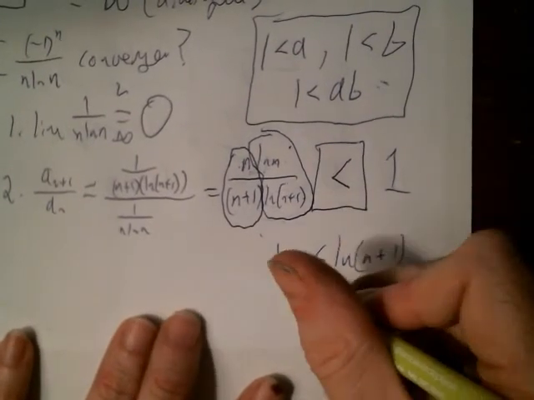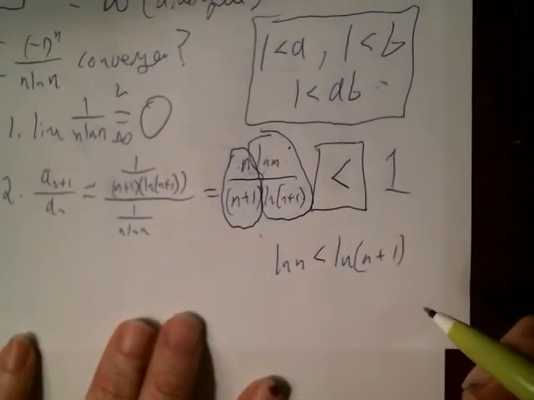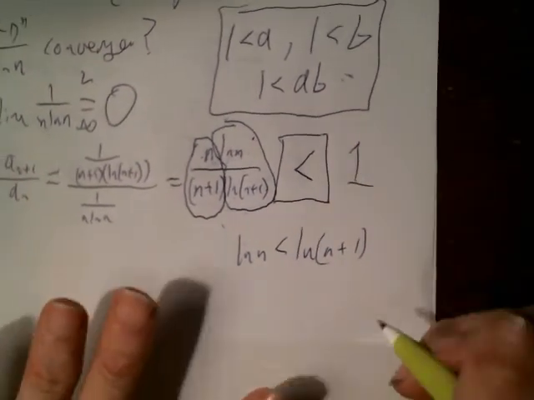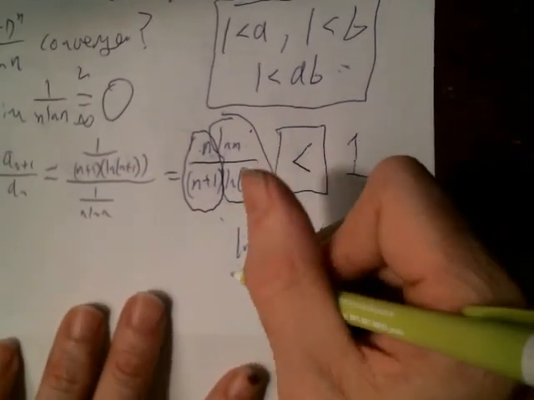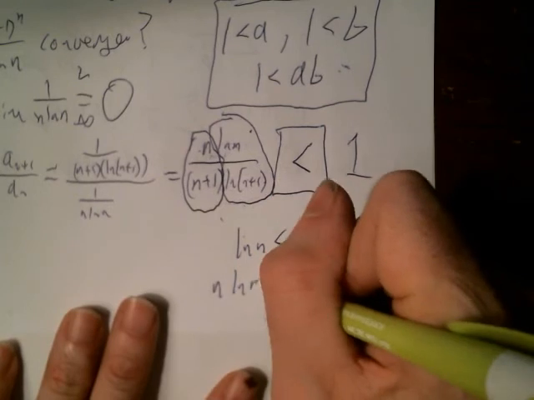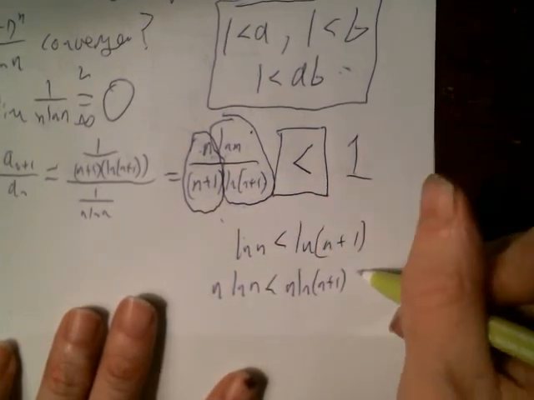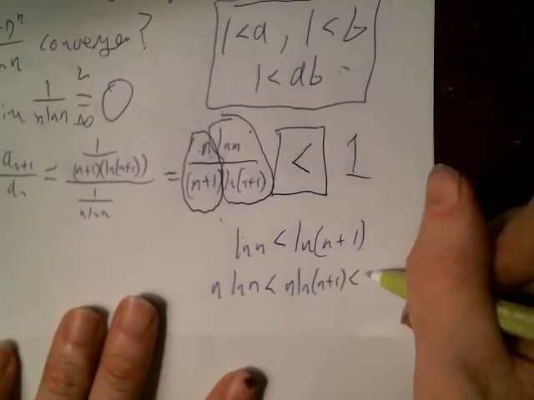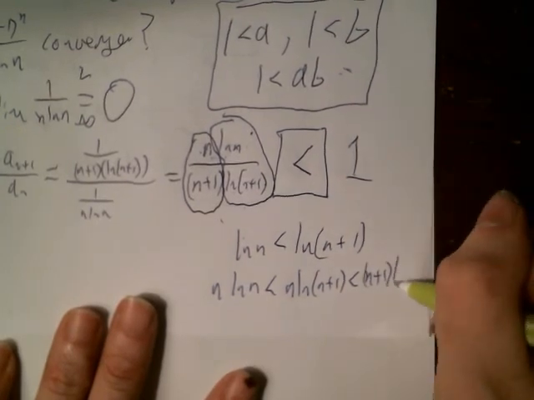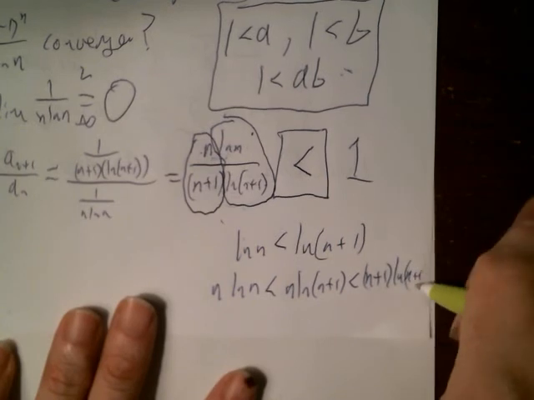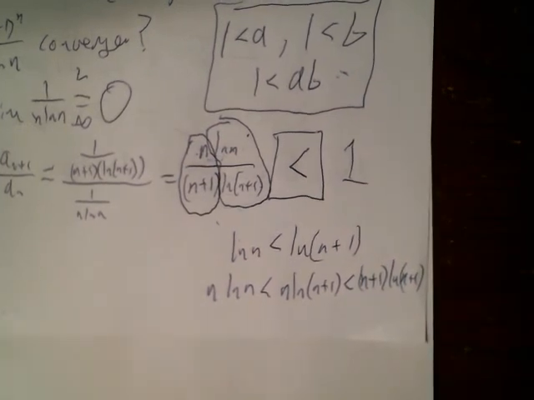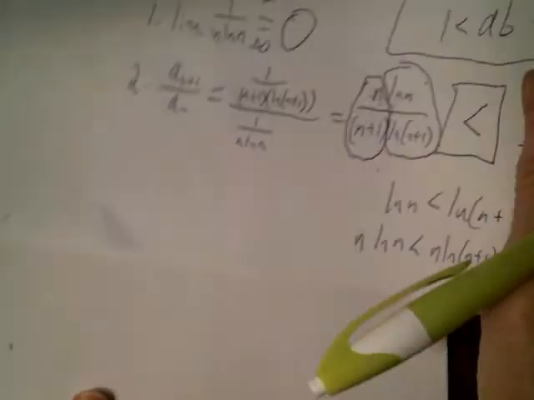You can multiply both sides by n so long as n is increasing, I think. So you say n ln n is less than n times ln of n plus 1. And then this thing would be less than n plus 1 times ln of n plus 1 somehow. I won't bore you with the details.